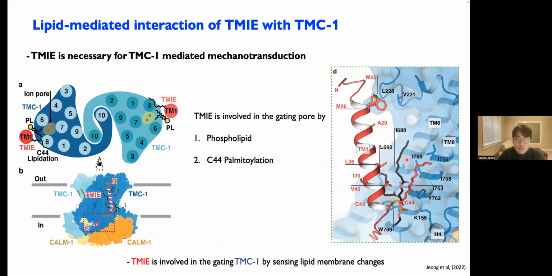And interestingly, there is a large cavity between the transmembrane helices of TMIE and TMC1, and that is where ordered phospholipid is coupling TMIE to the pore-forming helices of TMC1. And moreover, the permethylated cysteine extends along these helices. So it suggests that the TMIE protein is involved in gating TMC1 by sensing lipid membrane changes.